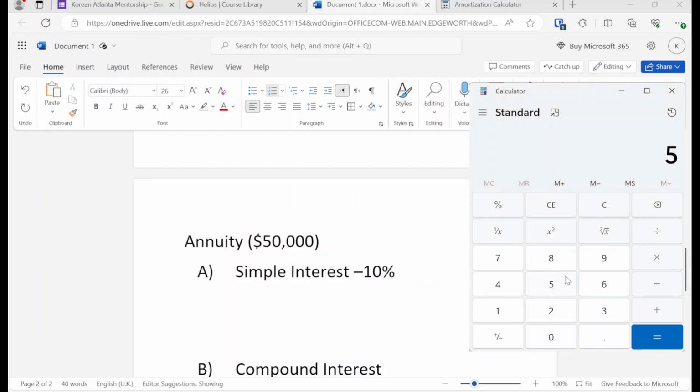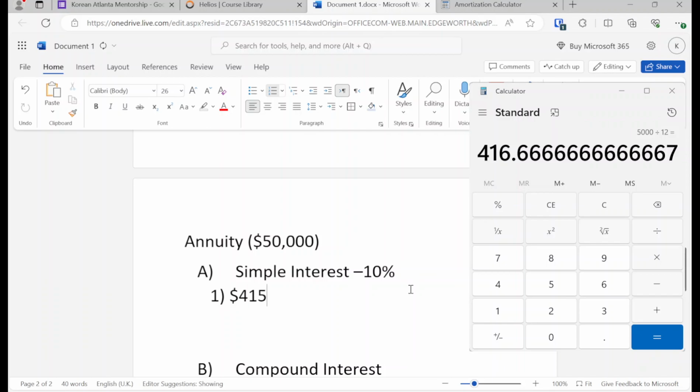So if I do $50,000, and maybe we have a monthly crediting of the interest, so we multiply it by 0.1, and then if it's monthly, that's going to be divided by 12, which is $416.66, right? So basically, if you have simple interest, and you're credited interest at month one, it's going to be $416.